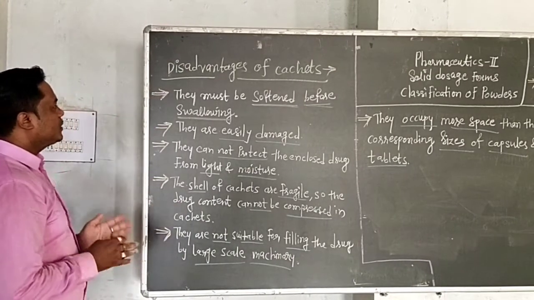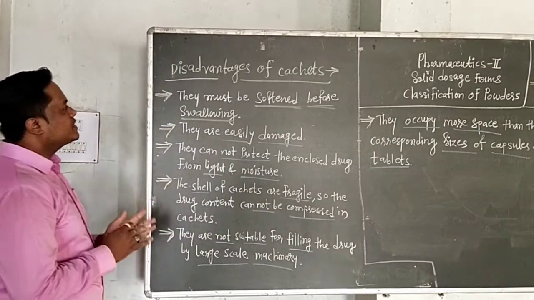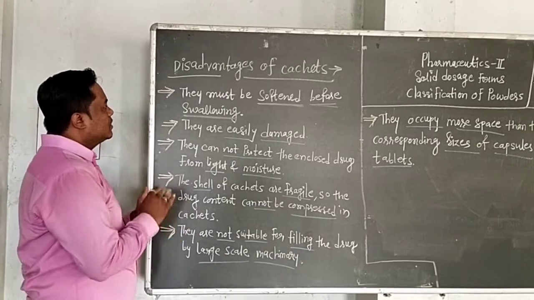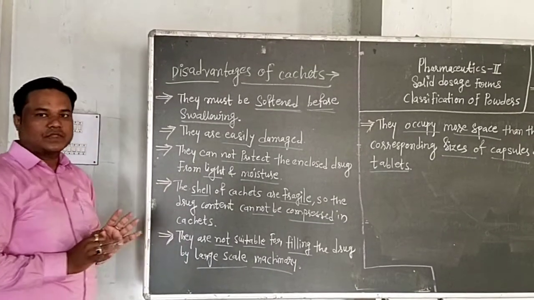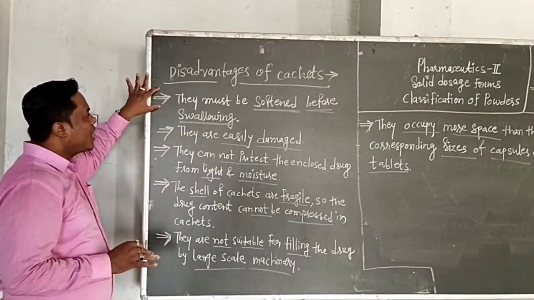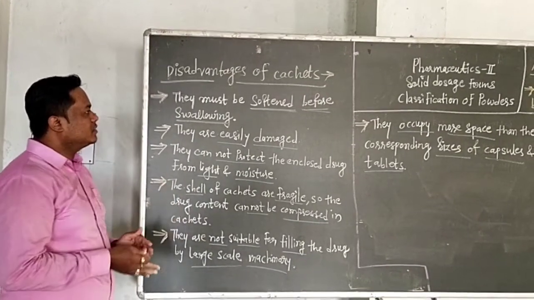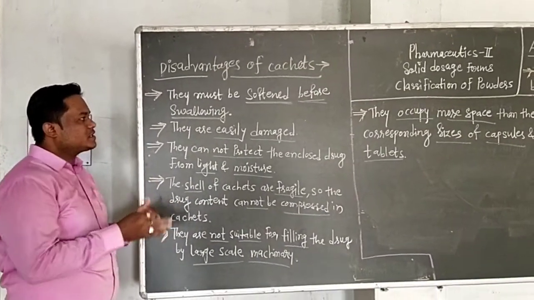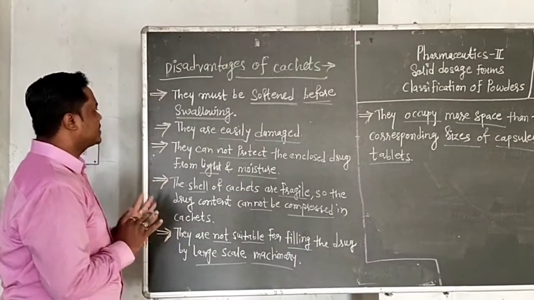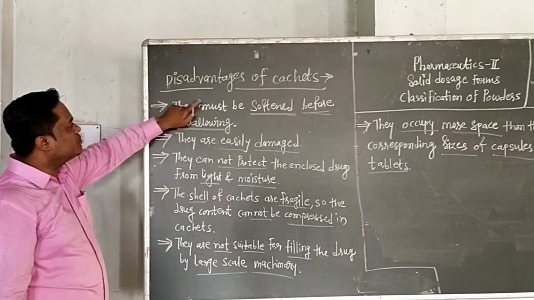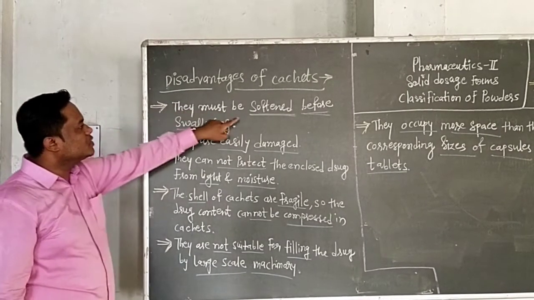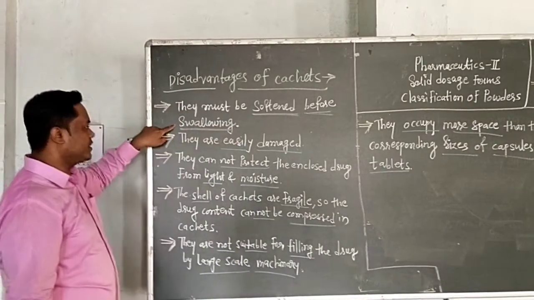Therefore, to take a dose, the cachets must be softened before swallowing. Means these cachets are immersed in water for a few seconds for softening before swallowing. So this is one of the disadvantages of cachets, that is they must be softened before swallowing.